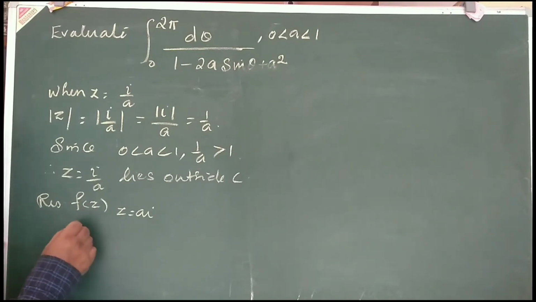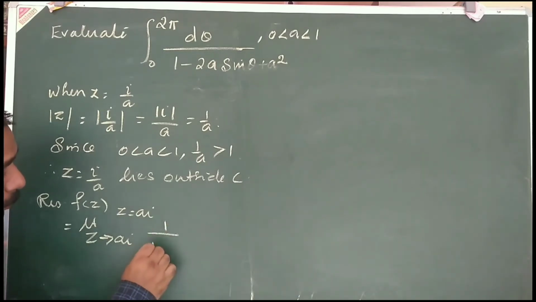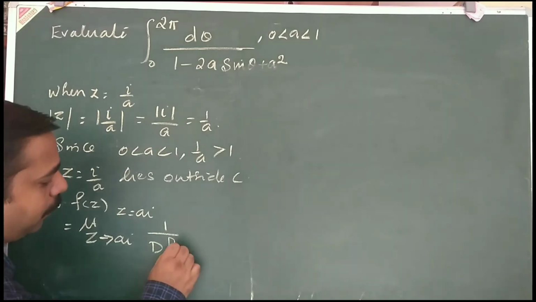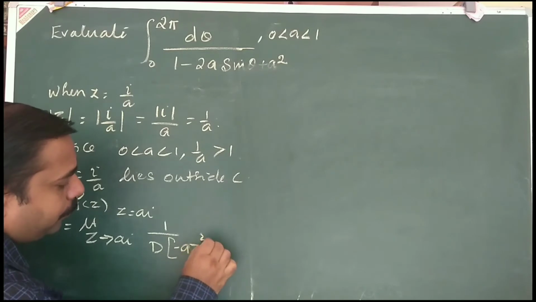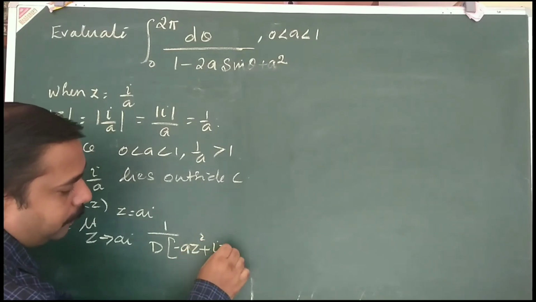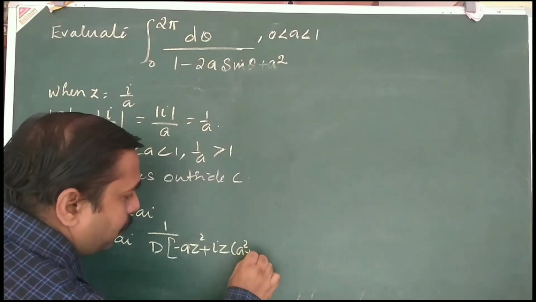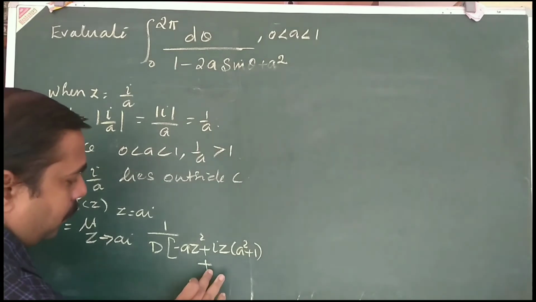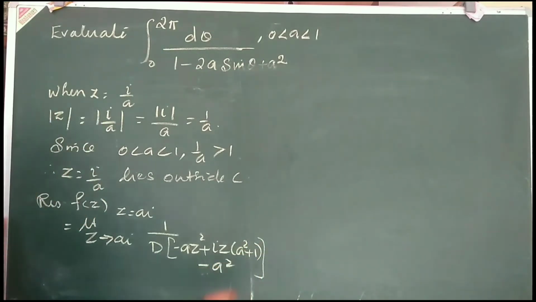So this is equal to limit z tends to ai of 1 by the differentiation of our function. What is the function? That is −az² + i(a² + 1)z − a. So differentiating, what will be the answer?